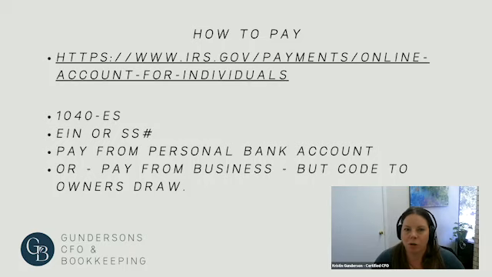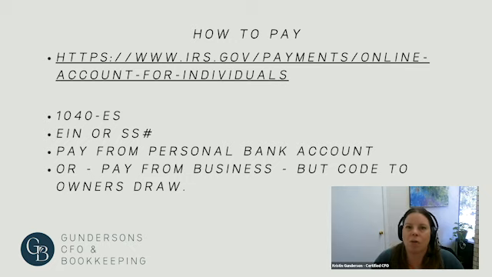So, how do you pay? One way is you can use those payment coupons that you get from your tax preparer, write a check, and mail the check in. Or you can go to irs.gov and go to payments, online account for individuals. That's where you want to go ahead and make a payment. I actually just did mine earlier today. It's really simple.